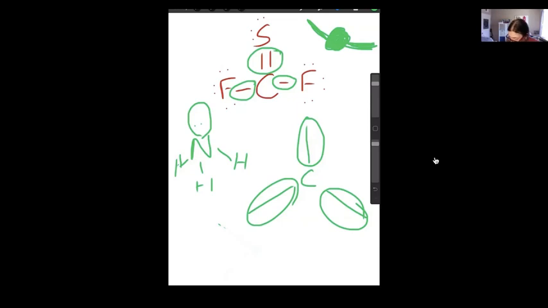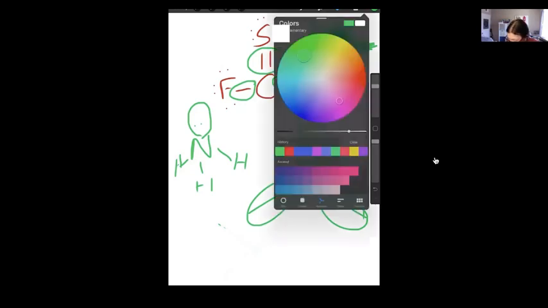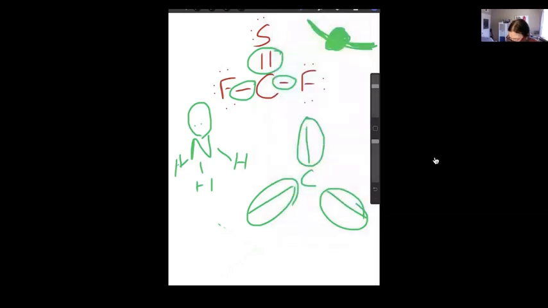In the case of ammonia, for example, this NH3 over here, this nitrogen has 4 electron groups around it. 1, 2, 3, 4. So what's the only way for the 4 electron groups to get as far apart from each other as they can? That's when they do the tetrahedral thing.